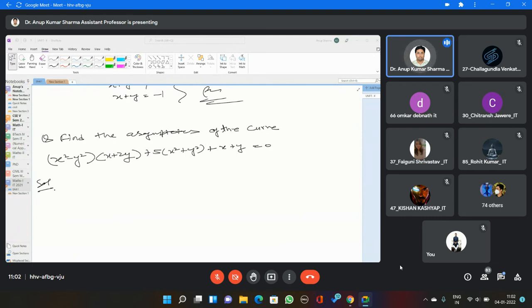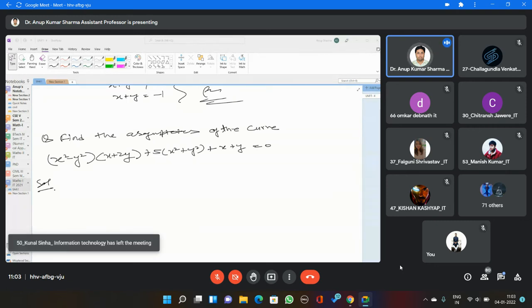So Manish Kumar, roll number 53. Manish Kumar, getting? Yes, sir. So the value of m. Tell me the value of m. Omkar Devnath, roll number 66. Yes, sir. So you are joining with two things.